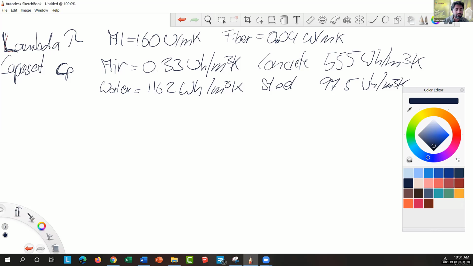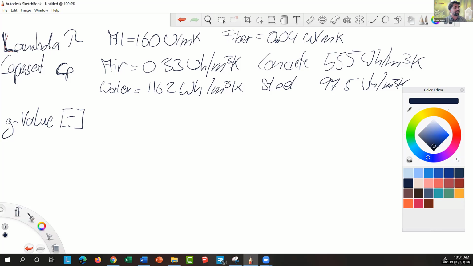Then the next value that we looked at, actually earlier, was the G value. What was the G value? That's the solar heat gain coefficient, and it has no unit.